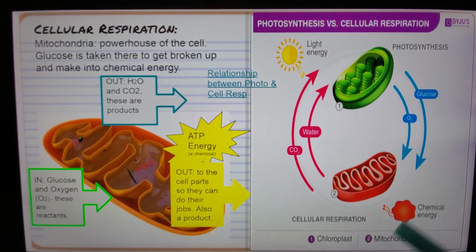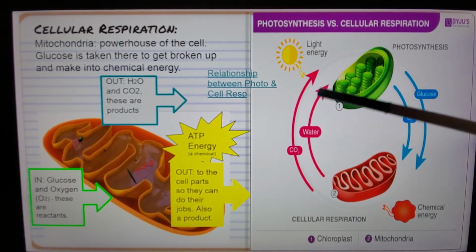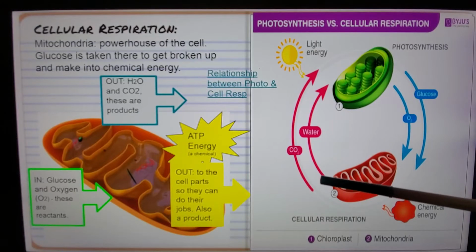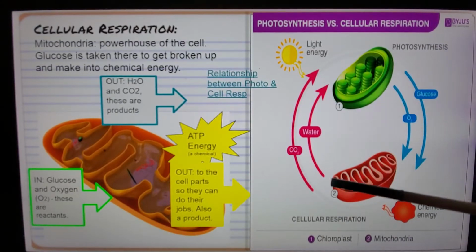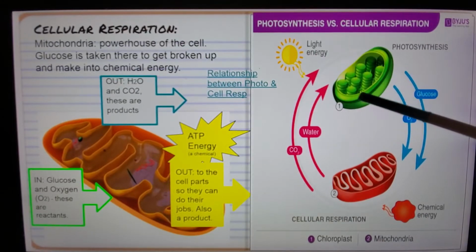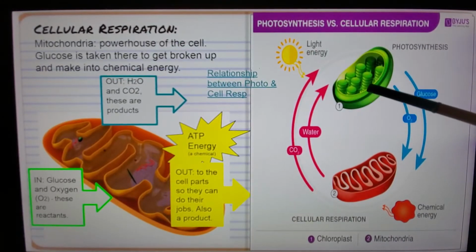So I want you to see that there is a relationship happening between plants and animals. This is a really good graphic because it shows you how it's tied together and how these 2 organelles are the ones responsible for making and feeding plants and animals. This is where we started, right here, these pink or reddish lines. We said carbon dioxide and water plus light energy go into the chloroplast.